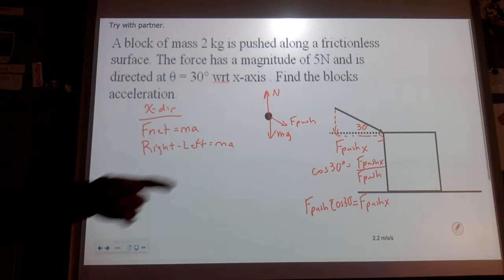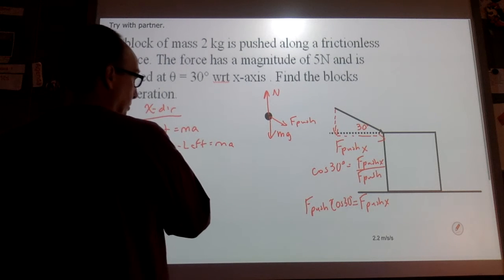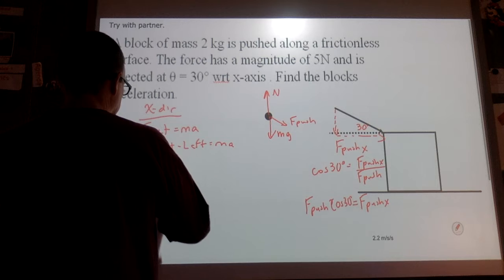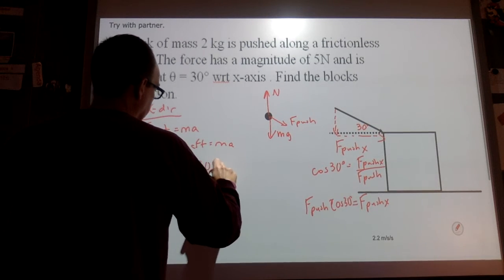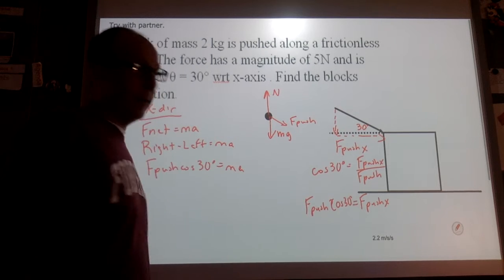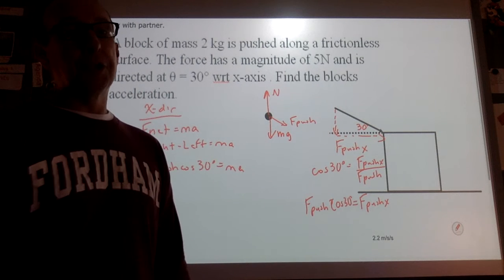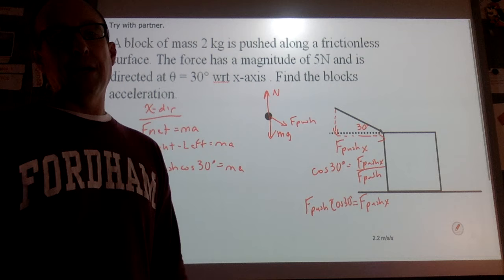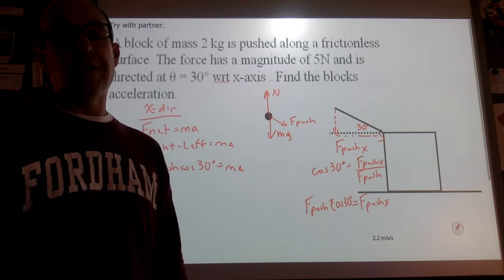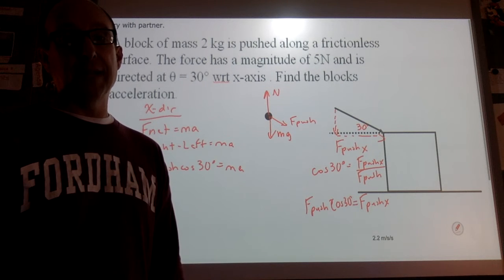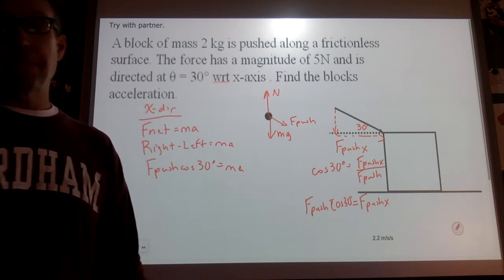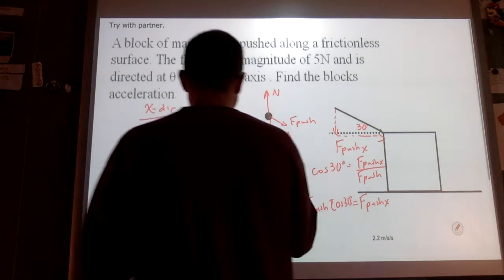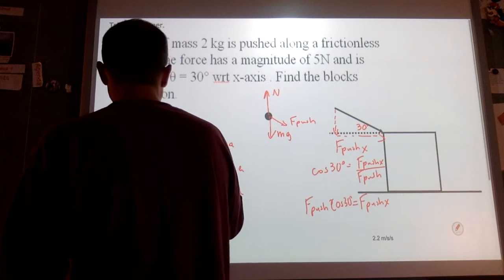So going to the right is F push X. So I'm going to call this F push cosine 30 equals MA. Why don't I call it F push X? Because F push X isn't real. F push is. So if I can express something that isn't real in terms of something that is real, that's better. And now I'm going to divide both sides by M.